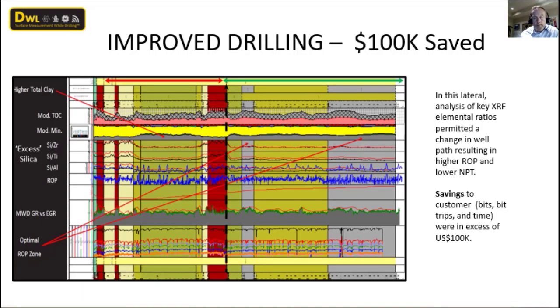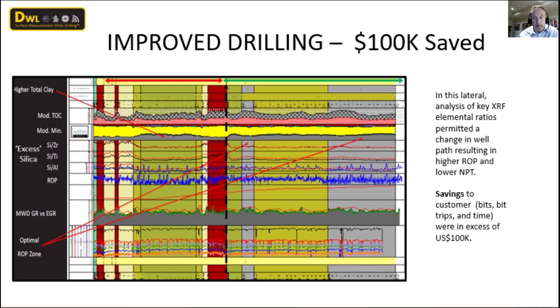This is an example of using the data set to improve drilling efficiencies. This is a project from Midcon Scoop Stack. We were able to see silica over zirconium, silica over titanium, silica over aluminum ratios, giving indications of excess silica.